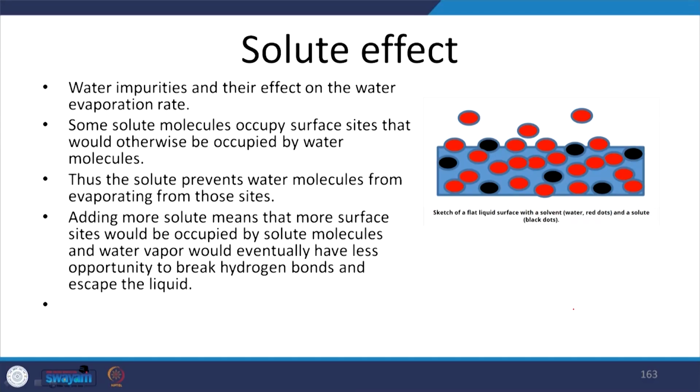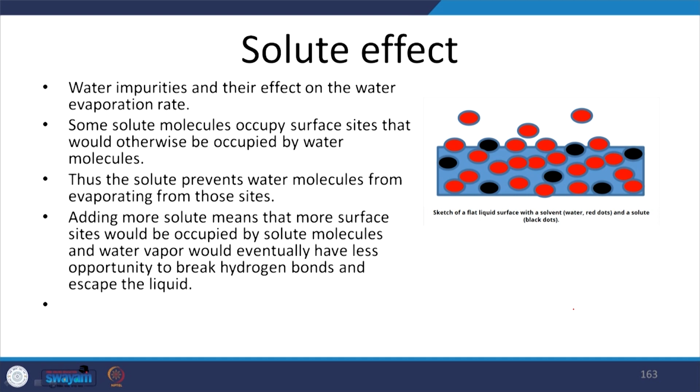Some solute molecules occupy the surface sites that would otherwise be occupied by water molecules. In the given diagram, the red circles are the water molecules and the black circles are the solute molecules. The surface is shared by both of them.